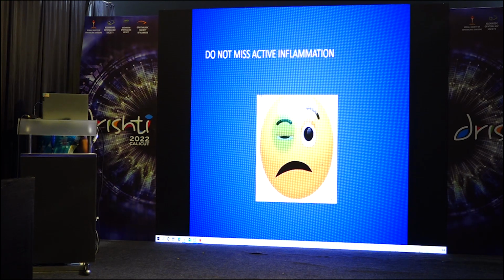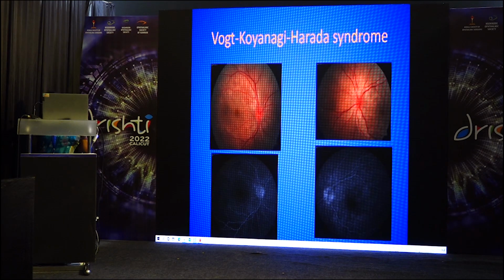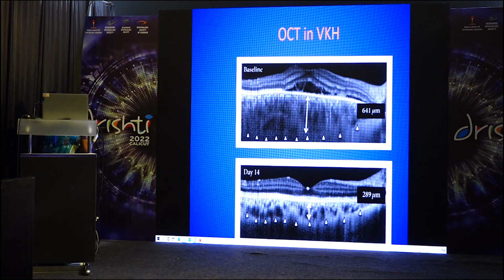And do not miss an active inflammation. Here comes the role of ancillary investigations like FFA in VKH. Also EDI OCT, it's a non-invasive modality of investigation which gives an idea about the activity of the disease following treatment.